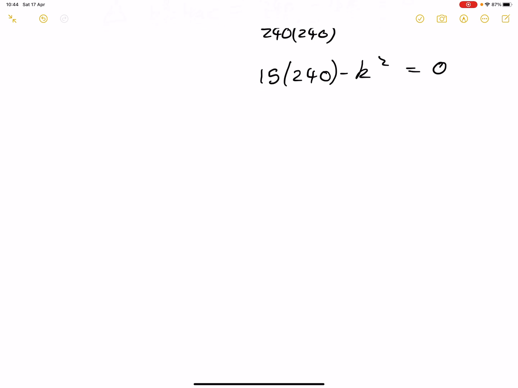So what I'm going to do here, because this looks pretty nasty, I'm going to split this into prime factors. So 15, just as prime factors 3 and 5, because that would be 5, and then it would be down to 1. 1's not a prime factor.